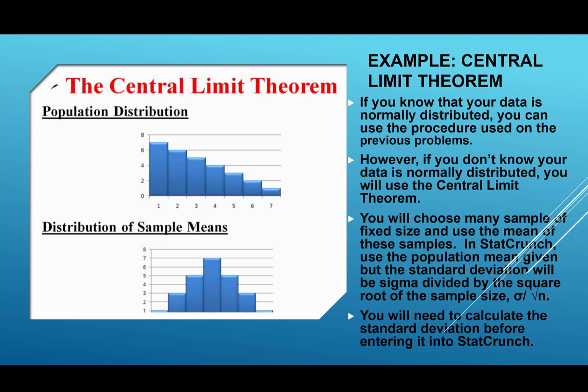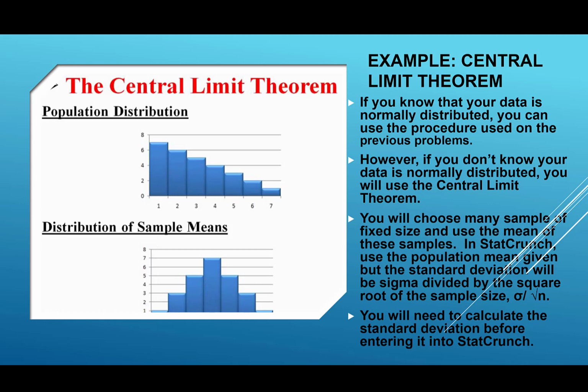The last topic that we want to discuss relative to the normal distribution is the central limit theorem. Note that the histogram for the top population distribution is not normally distributed. We don't have that single peak with frequencies on each side the same. In order to use what we have done previously in StatCrunch, we need to have a normal distribution.